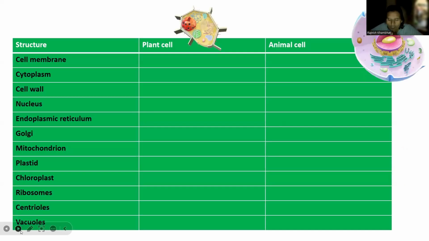Now, let's compare plant cell and animal cell and differentiate between the two. The first point is cell membrane.